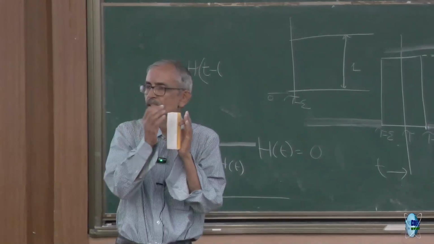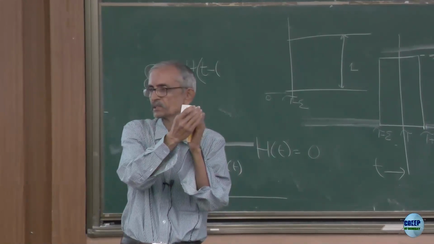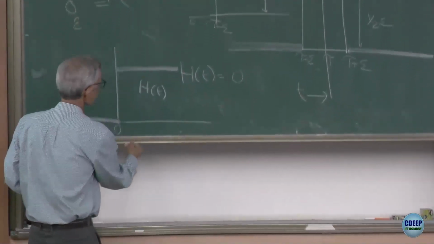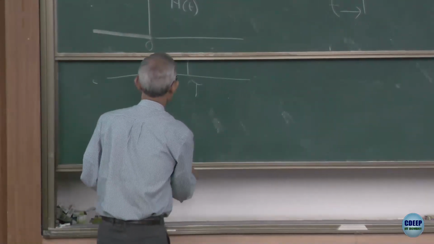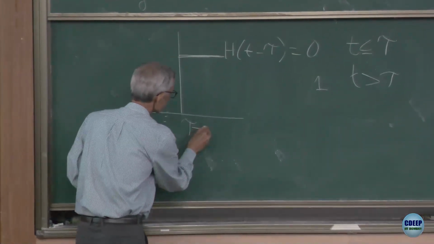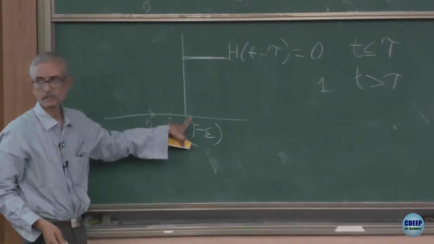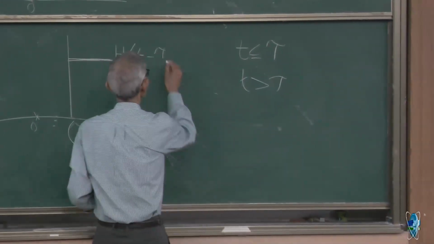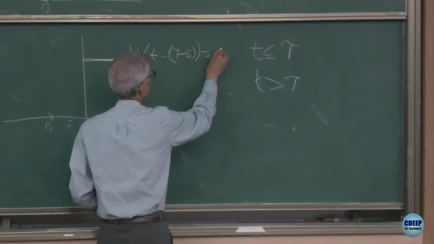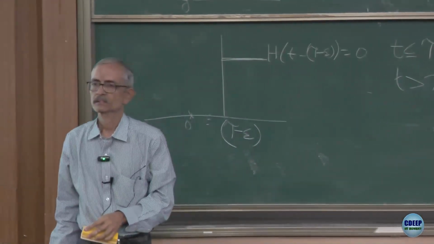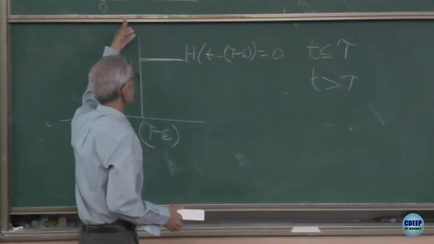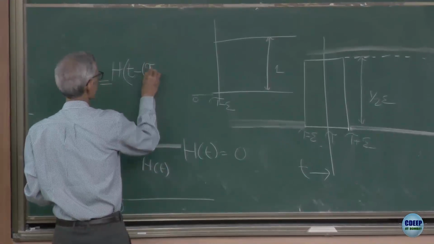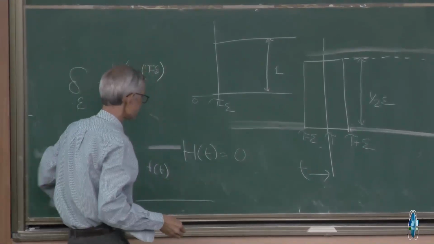I'm starting from tau minus epsilon, not from epsilon. So at tau minus epsilon, what should be my second term? t minus tau plus epsilon. Okay, now let's get rid of all this stuff.